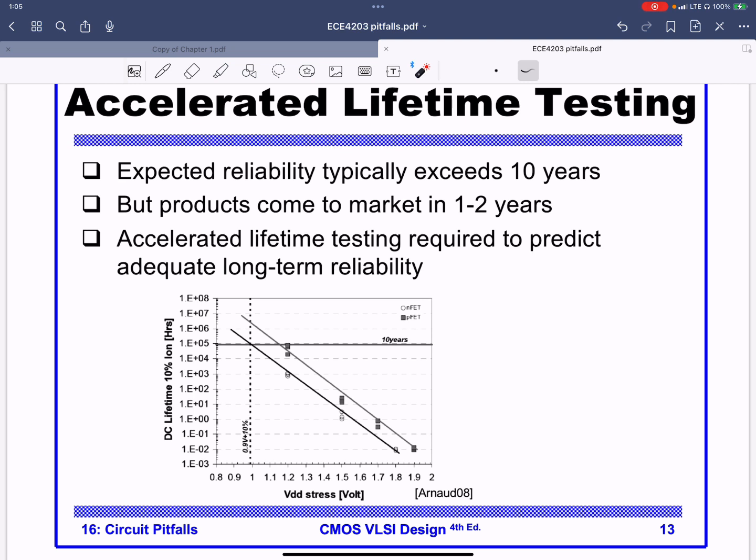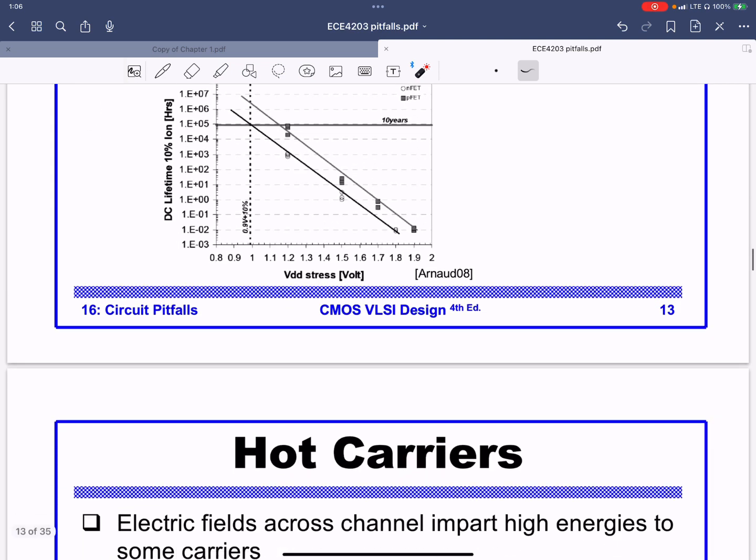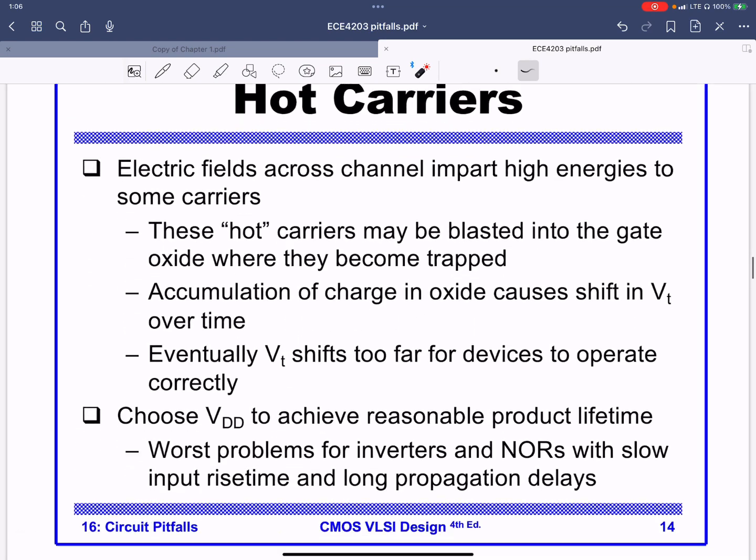You're just running the parts constantly at higher voltages for an extended period of time at the elevated temperature and seeing if they'll break down. That's elevated temperature and elevated supply voltage. They are doing a premature aging of those parts so that, in a matter of a few months, you can simulate the effects of the part operating normally for 10 years.